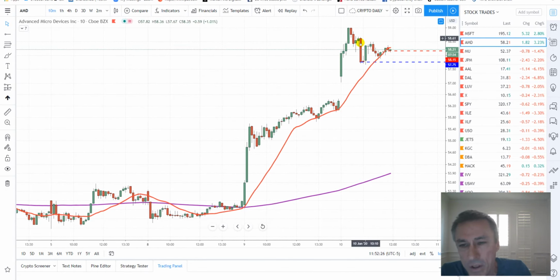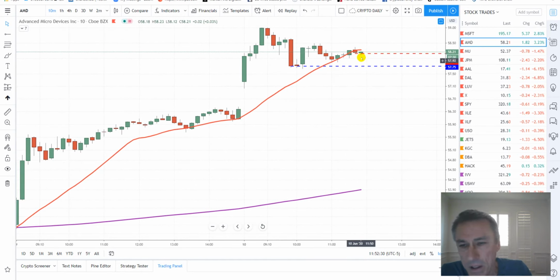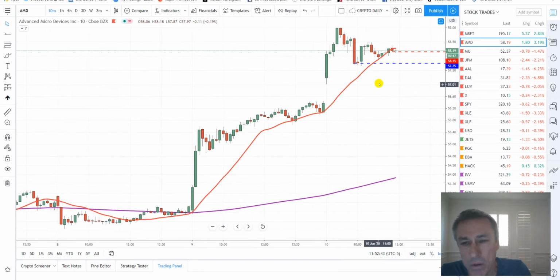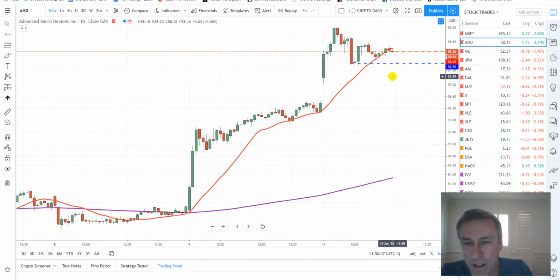If we do get a surge to the upside, like right now it's green, so we're actually losing money now because we're just a little bit over where we got in. But if we take out the top of our previous red candle, this top here, then we'll just market buy our stock back, just the smallest, your first loss or your smallest loss.